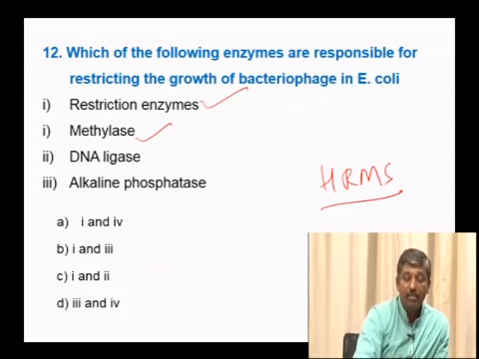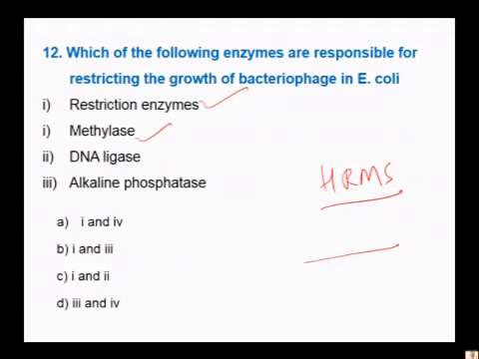Methylase adds the methyl group to the bacterial DNA to protect it from restriction enzyme, and restriction enzyme cuts the non-methylated region. So if a virus enters a bacteria, its DNA is not methylated, it is recognized by this restriction enzyme and cut. Hence the bacteria restrict the growth of bacteriophages due to these two enzymes, that is 1 and 2, restriction enzyme and methylase.